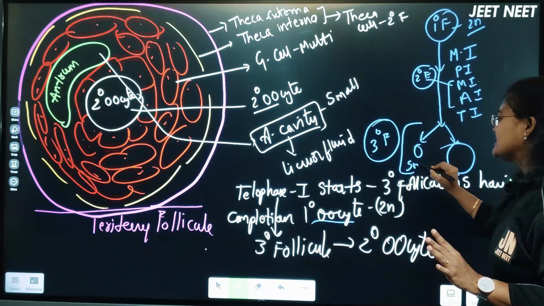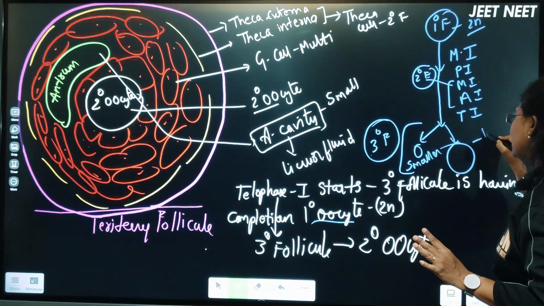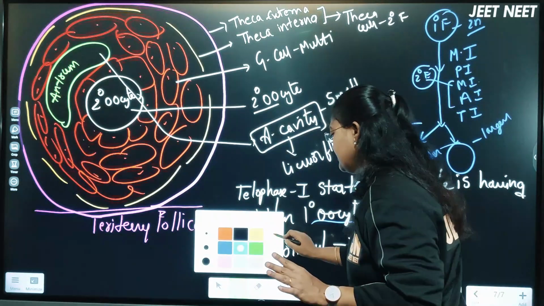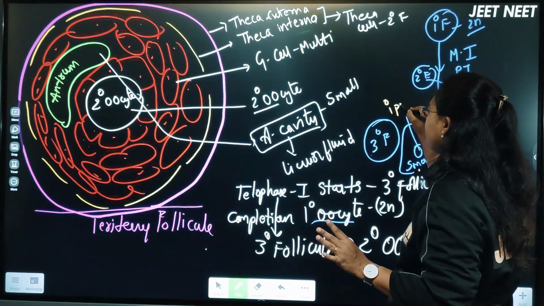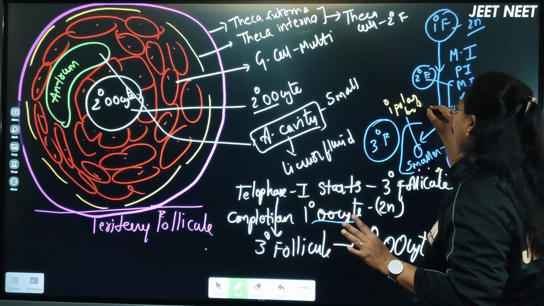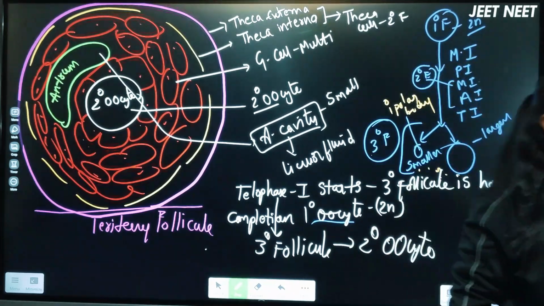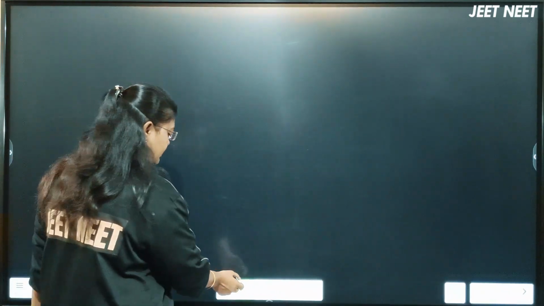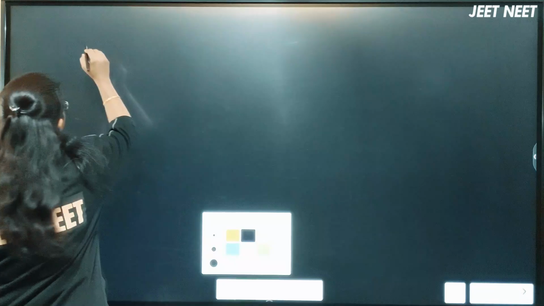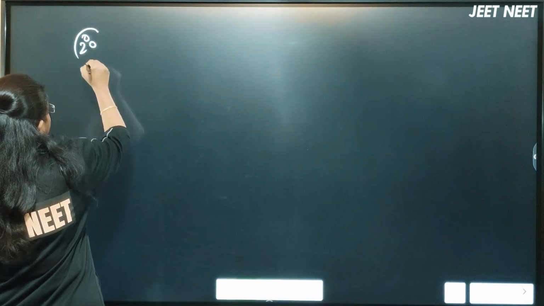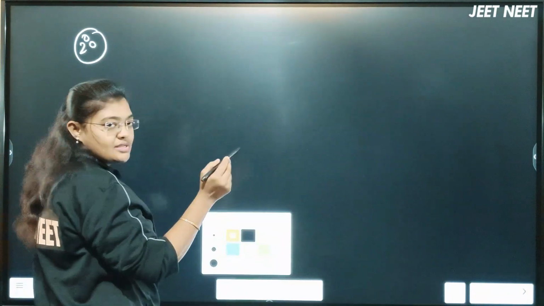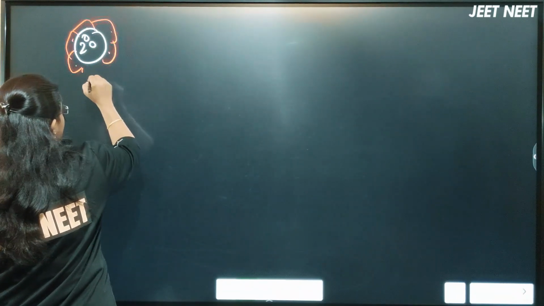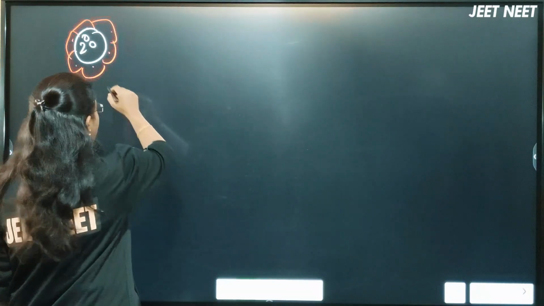One cell we call a smaller cell, and one cell we call a larger cell. The smaller cell we call the primary polar body, right? The structure of the tertiary follicle we discussed before: it contains the secondary oocyte surrounded by granulosa cells, multi-layered or single-layered?